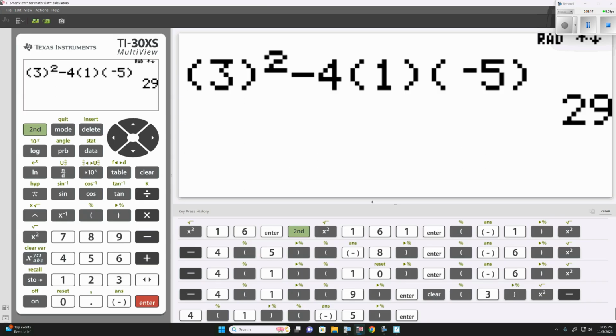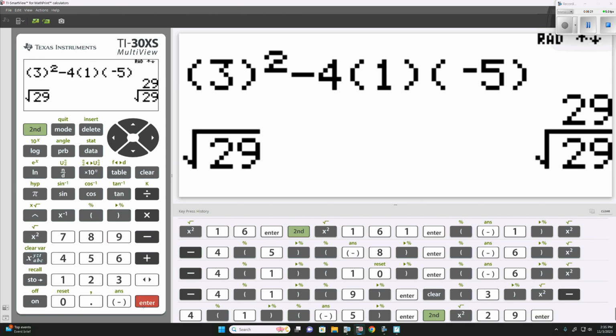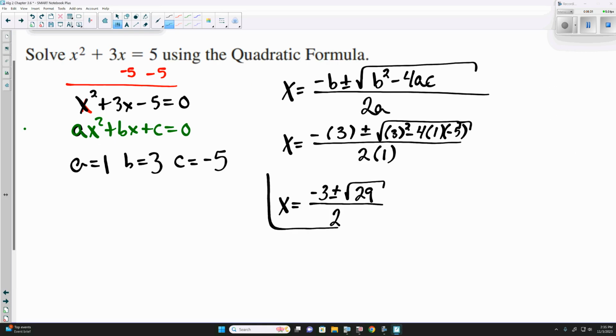Now, I can say second square root 29. It tells us it is square root of 29, so it does not reduce, which means that's the answer.